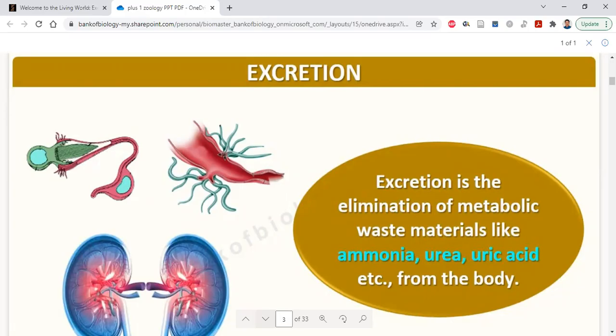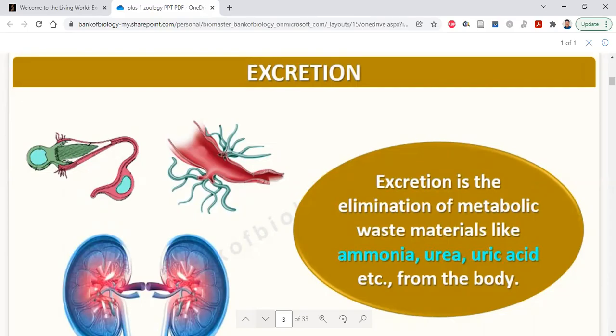Either by metabolic activity or by other means, like ingestion, as we saw in the last chapter, that is the excess of ingestion. The removal of these waste products from the body is called excretion.